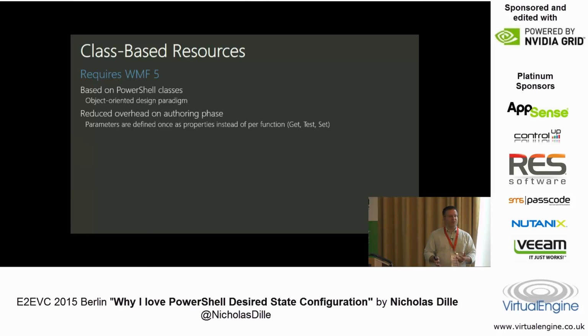So a traditional resource has the same parameter definition in 3 places. If you use a class-based resource, you define properties of a class once at the top of a class, and the methods get, set, and test that are required for a resource do not require any further parameters. They just use the properties of the class. So in the end, a lot easier.